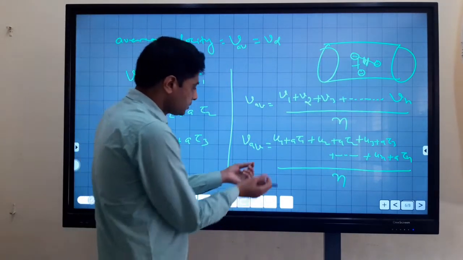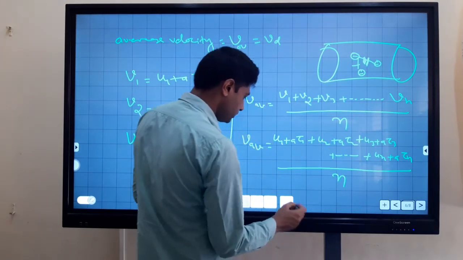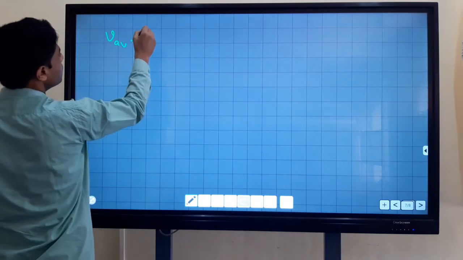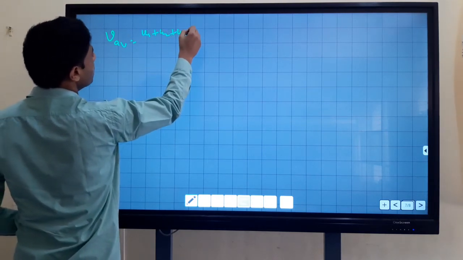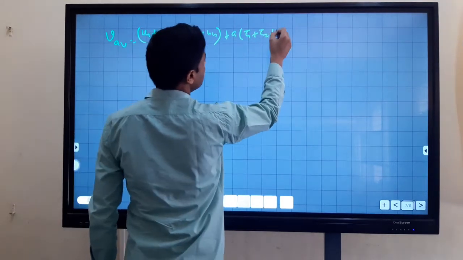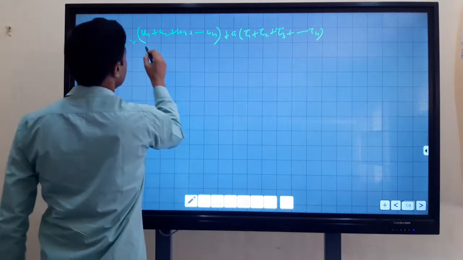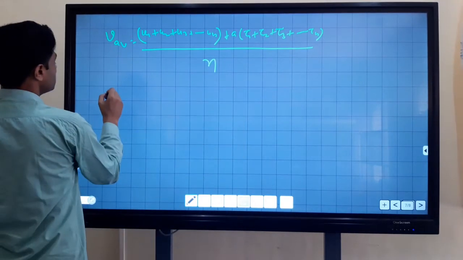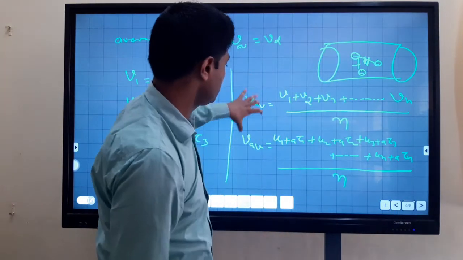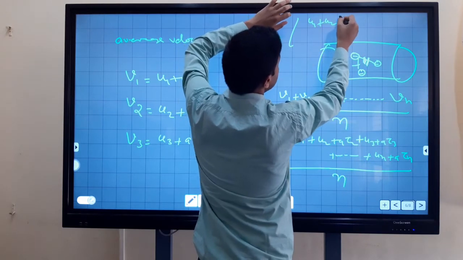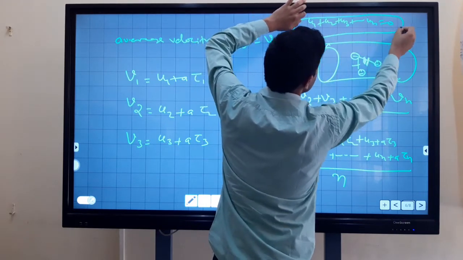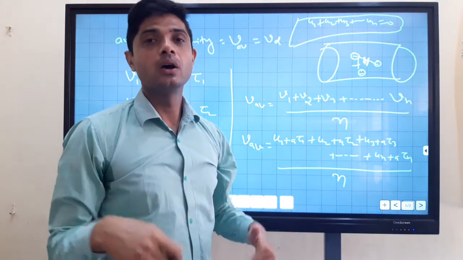When we take U1, U2, U3 on one side, V average equals (U1 plus U2 plus U3 up to Un) upon n, plus a times (tau1 plus tau2 plus tau3 up to tau n) upon n. The sum U1 plus U2 plus U3 up to Un equals 0, because it is the initial velocity of electrons at room temperature.